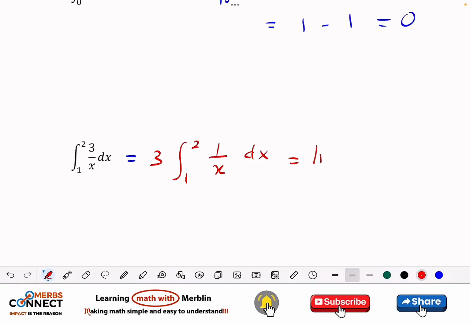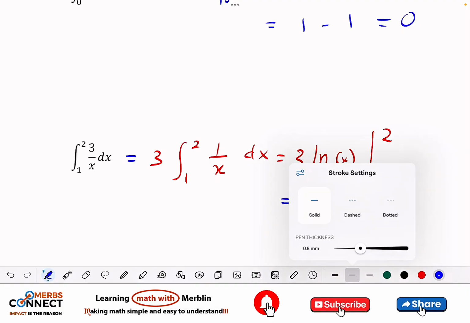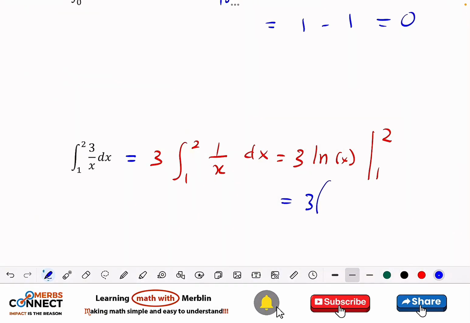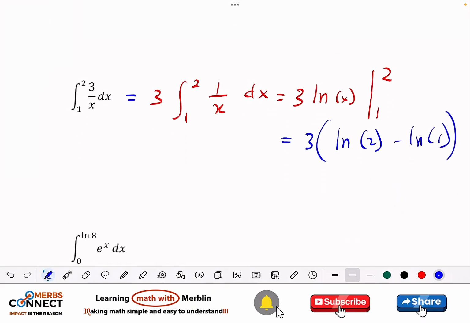So this is going to give us ln of x from 1 to 2, with the 3 brought out. This gives us plug in 2 minus plug in 1, so 3 times ln of 2 minus ln of 1. What is ln 1? Ln 1 is 0, so I'm going to have ln 2 minus 0, and this is going to give us 3 ln 2.